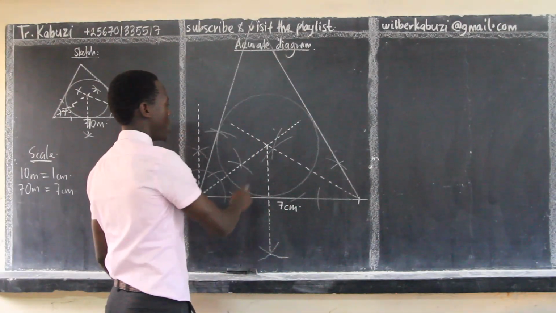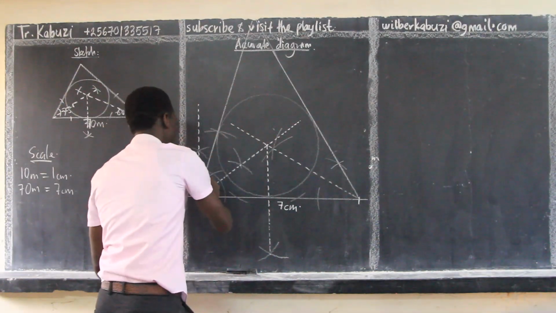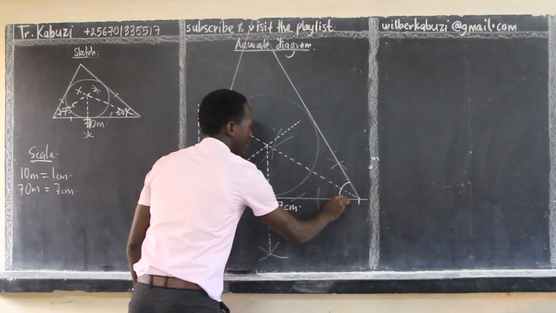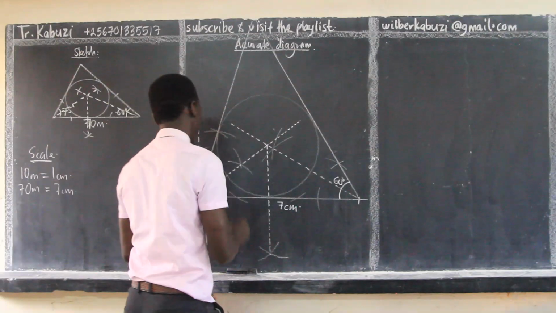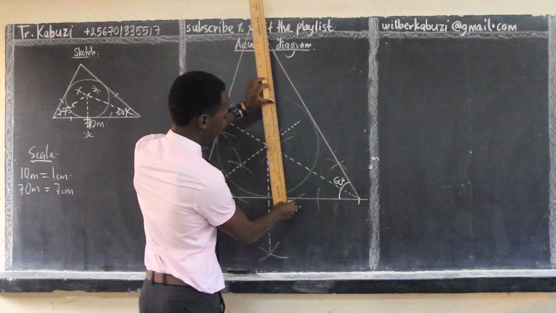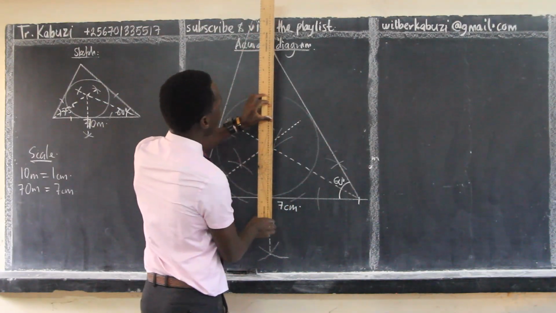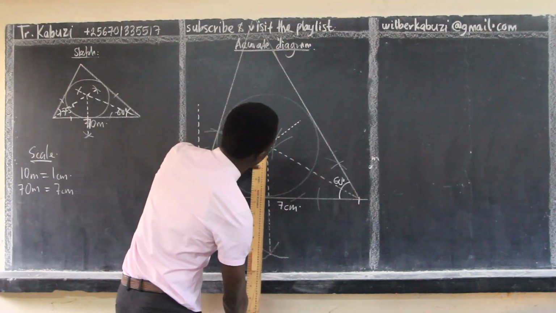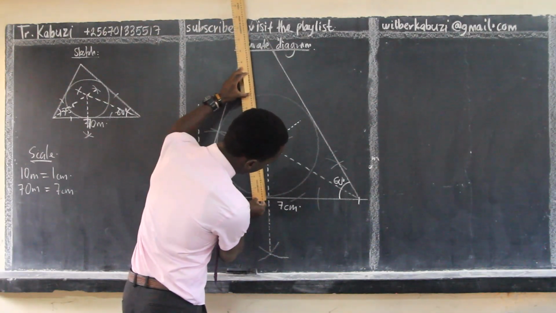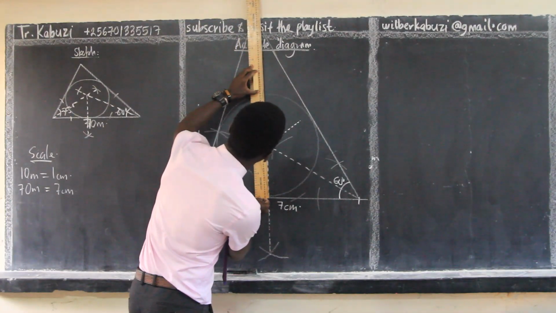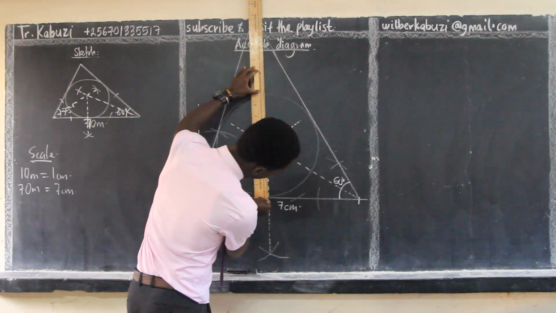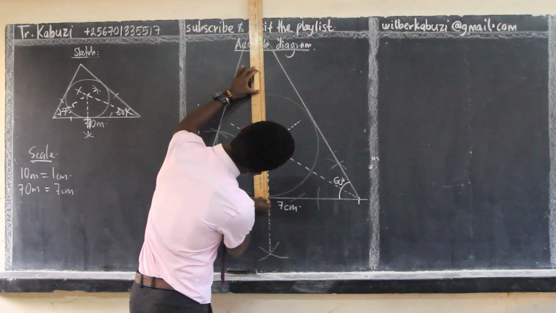Now, they want us to get the area of this circular wheel. Remember, this is our 75 degrees. This was our 60 degrees. So now I need to measure the length of this radius here. So my radius from here, if I'm to measure well, probably, okay, let me use this.